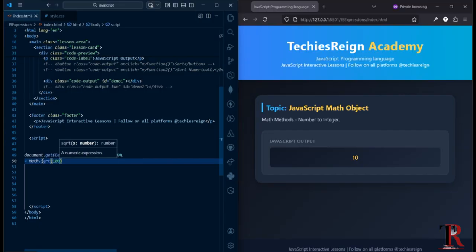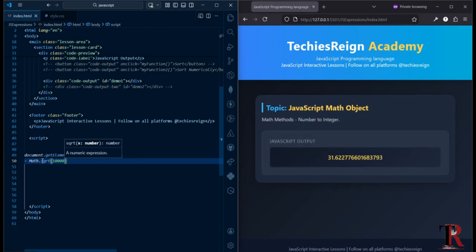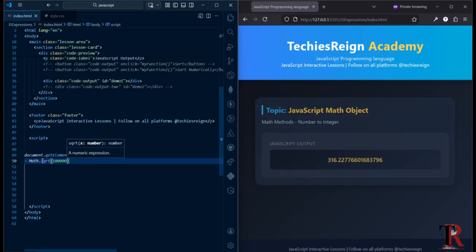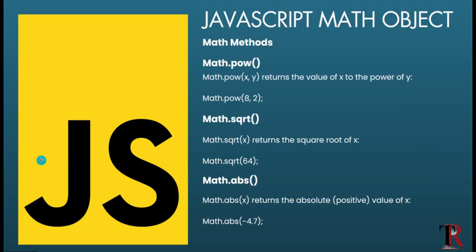So this is the square root of 100. It could be any number: 10,000 gives 100, 100,000, 1 million gives 1,000. So this is the square root method. It takes just one parameter and returns the square root of it.